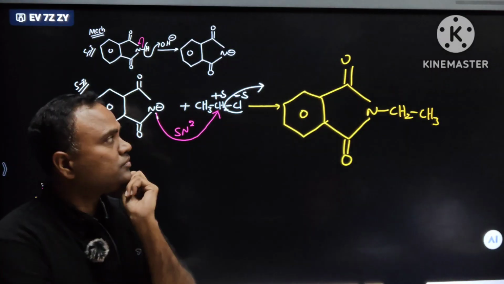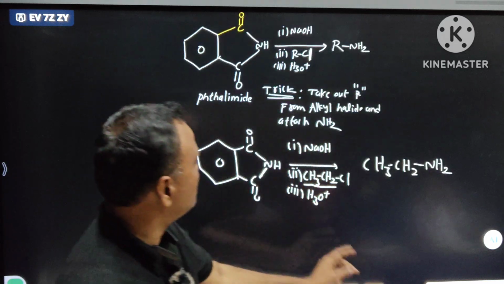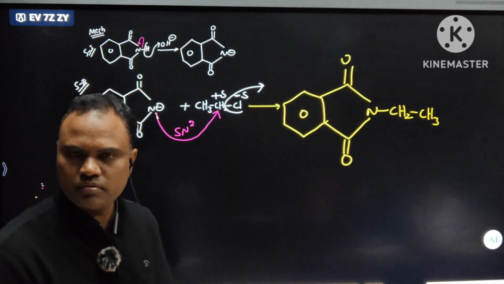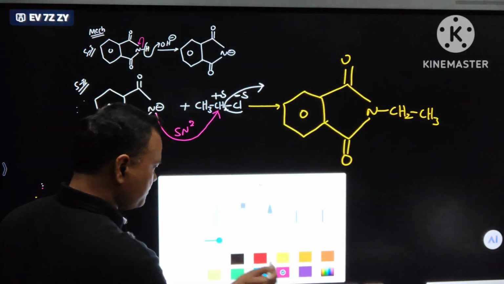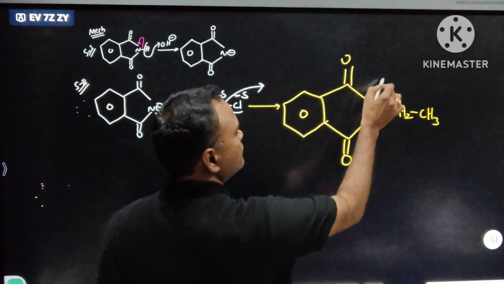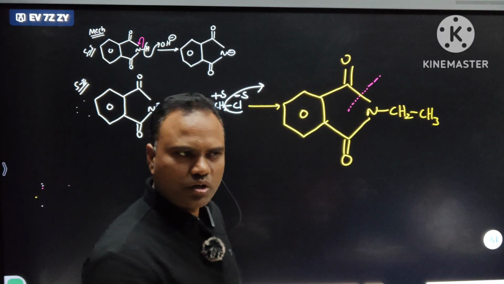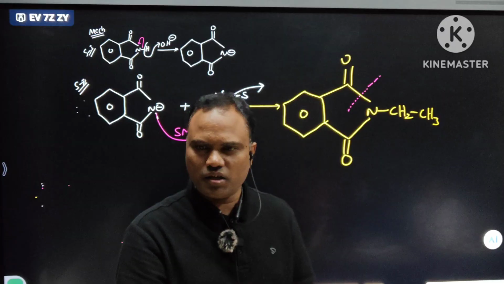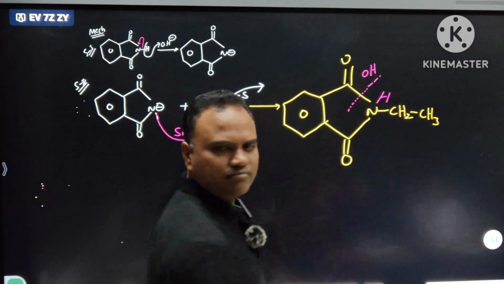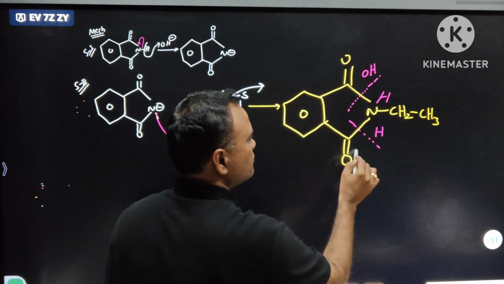Next, hydrolysis. I mentioned hydrolysis in the main reaction, H3O plus. Addition of water. What is the formula of water? H2O. Break this bond. H2O, or can I write HOH? Water dissociates into H plus and OH minus. Next.